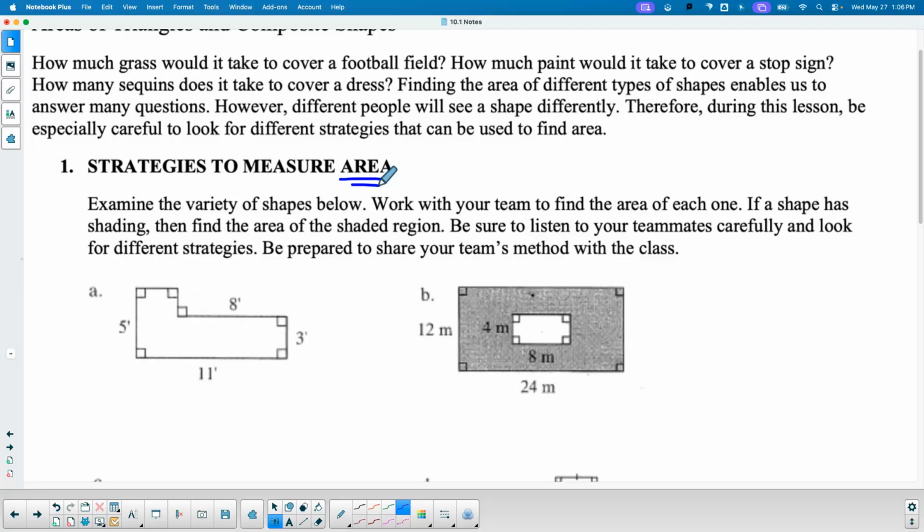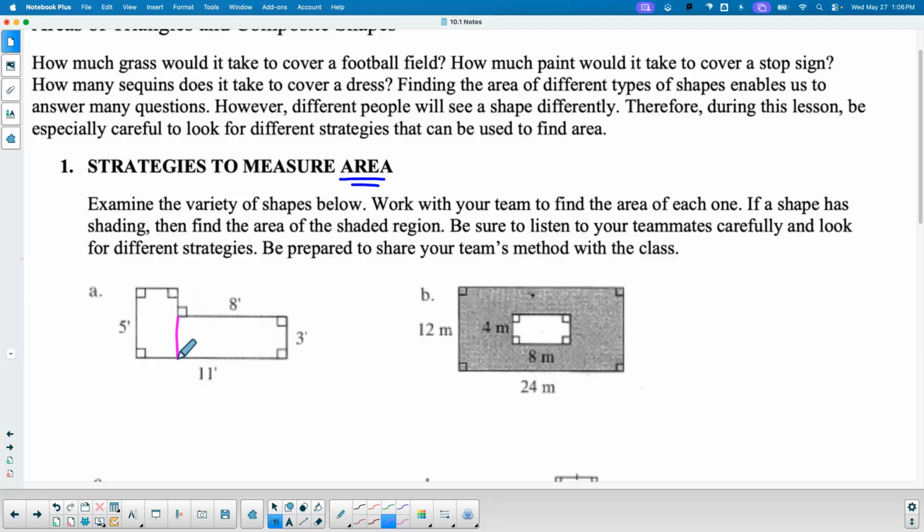Now here in letter A, that's what's called a composite figure. It's made up of 2 or more different figures. Depending upon how you want to break it up, you could break it up into 2 rectangles. So we need the length and the width of each one.